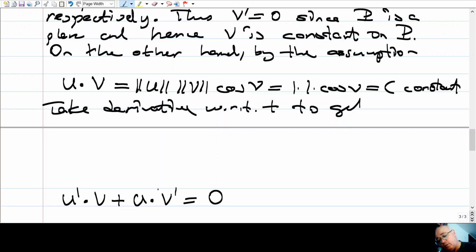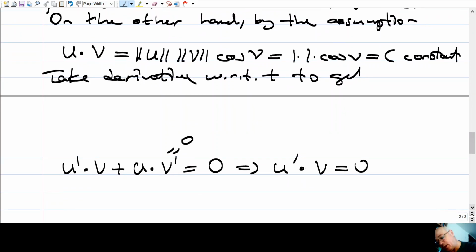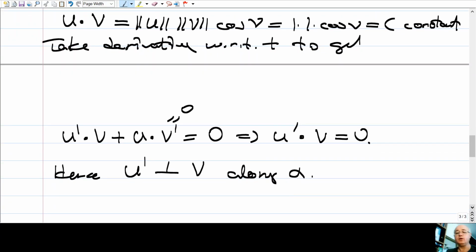But we already know that v prime is 0, therefore u prime dot v is 0. Hence u prime is always perpendicular to v along the intersection of the surface with the plane, which is the curve alpha.